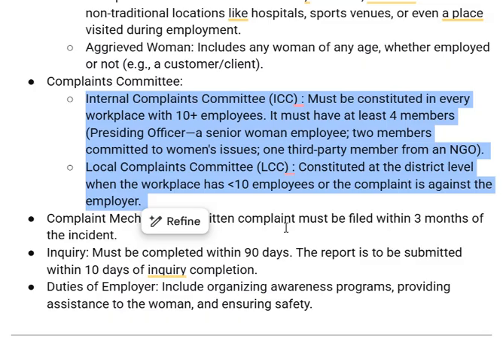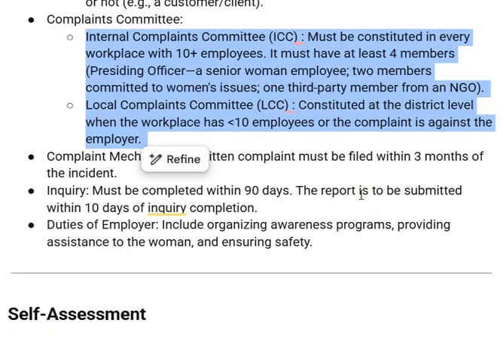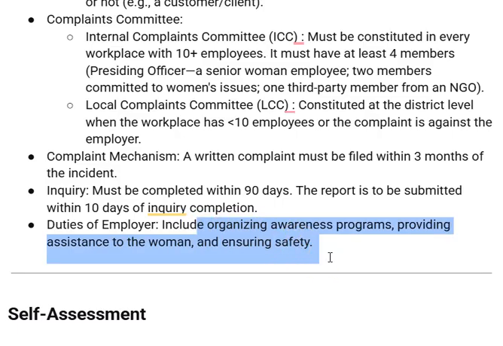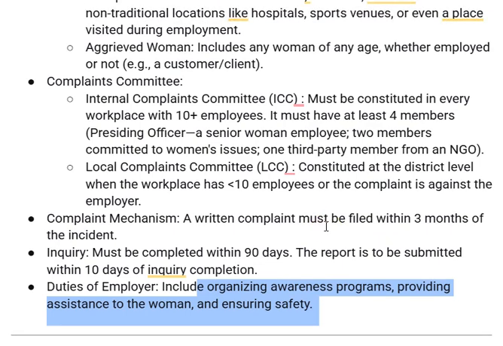If any such matter is there, the women can approach the internal complaint committee and get the matter resolved. Within a period of 90 days, the inquiry is done and the report is submitted, and it is the duty of the employer to regularly organize awareness programs and create a proper work environment so that women feel protected.